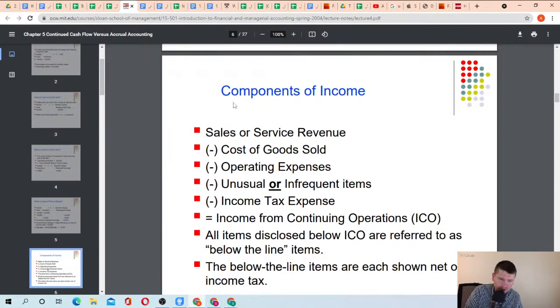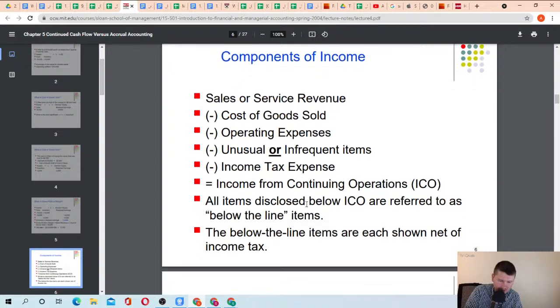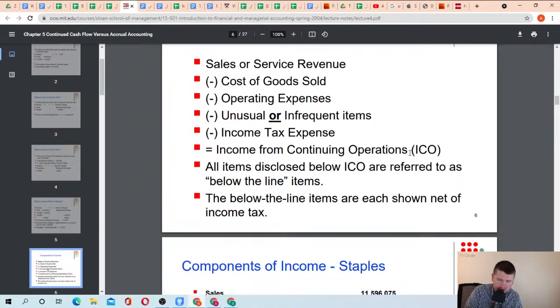Components of income. First of all, we figure out what the revenue is. Then we deduct cost of goods sold from the revenue. We deduct operating expenses. We deduct unusual or infrequent items. And we deduct income tax expense. And we get income from continuing operations.